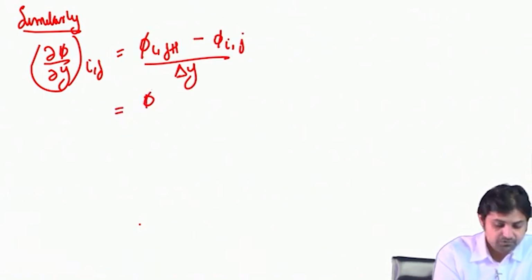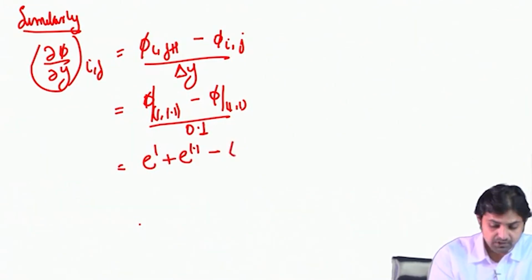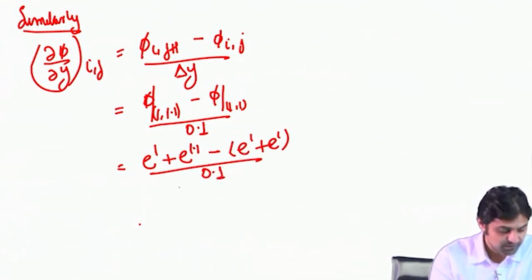Or the value of the function at 1 comma 1.1 minus phi at 1 comma 1, divided by delta y 0.1, or e to the power 1 plus e to the power 1 plus 1 minus e to the power 1 plus e to the power 1, divided by 0.1.